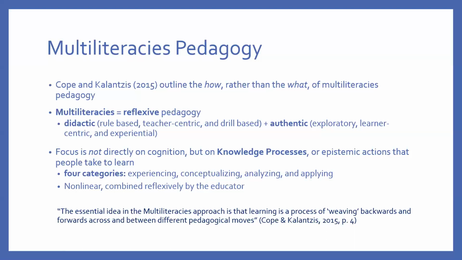Instead, it's up to the educator to decide how to combine these different categories. Just like the quote says here at the bottom of the slide, the essential idea in the multiliteracies approach is that learning is a process of weaving backwards and forwards across and between different pedagogical moves.